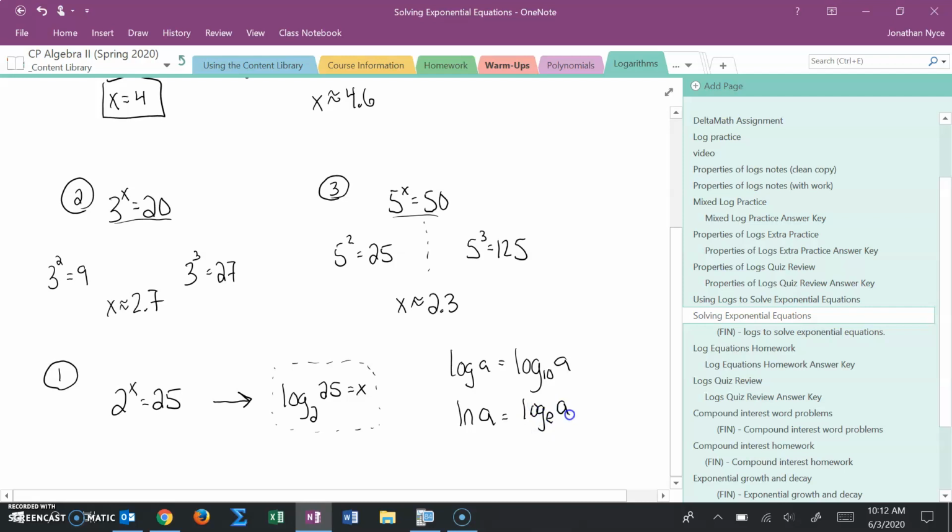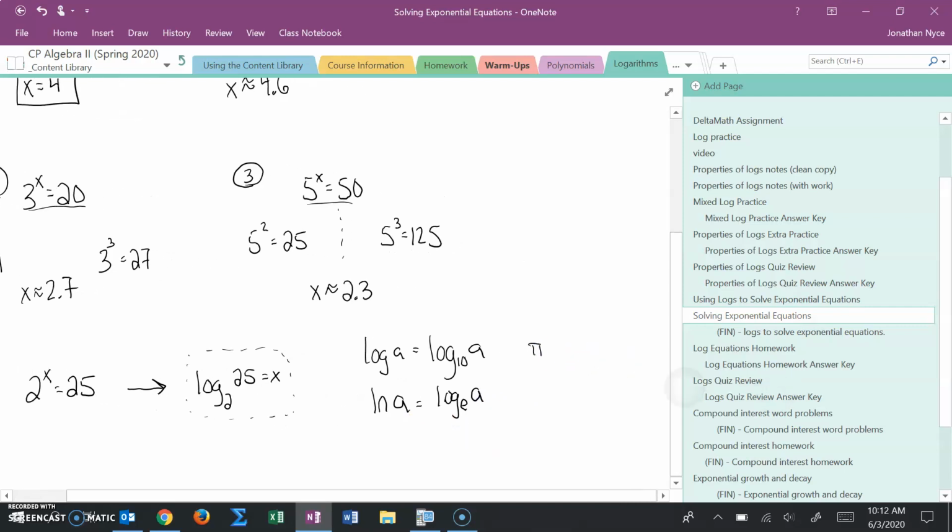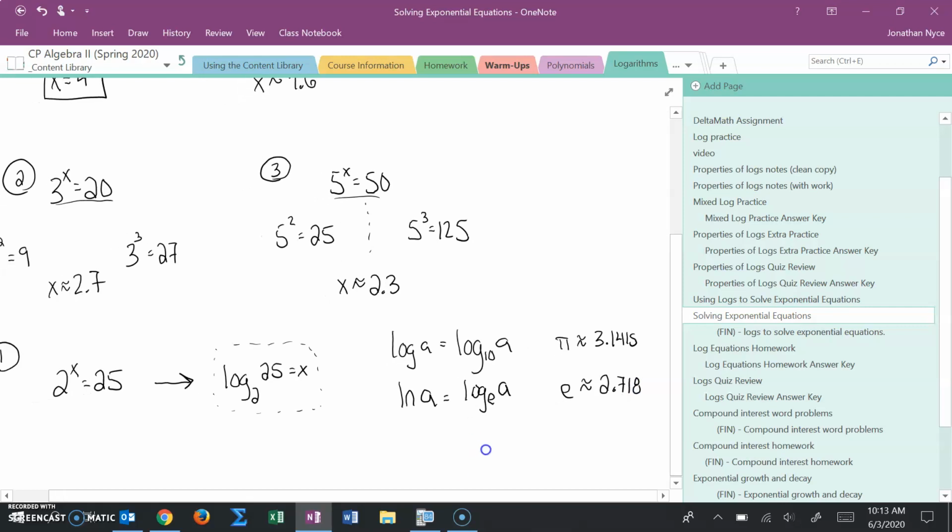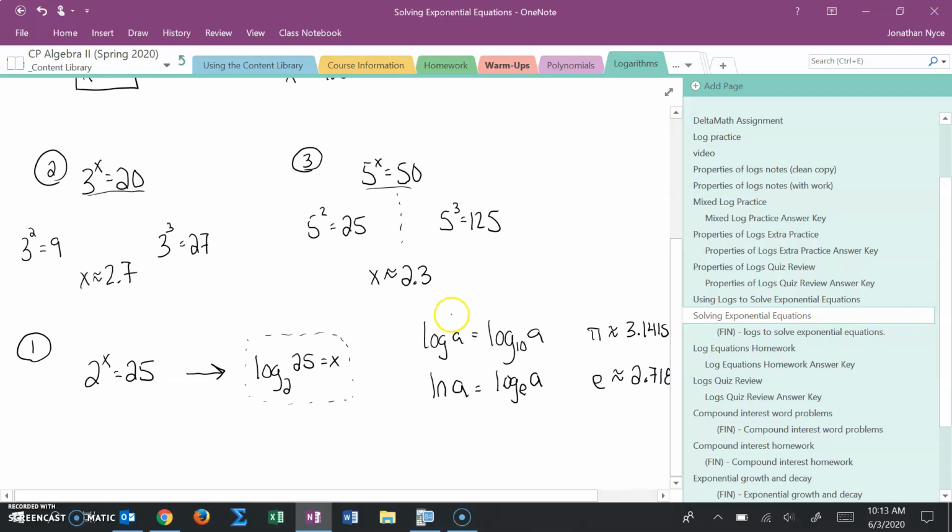And you're thinking e is not a number, but just like pi is 3.1415, e is about 2.718. We could spend a week talking about e and where it comes from, but that's something we'll save for later. But we're going to use this log button where we have log base 10.